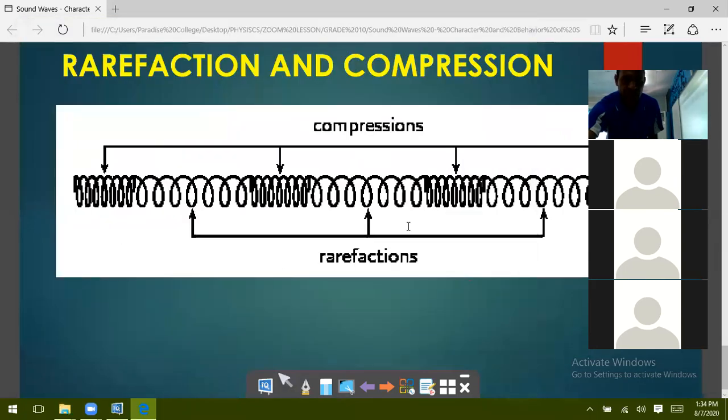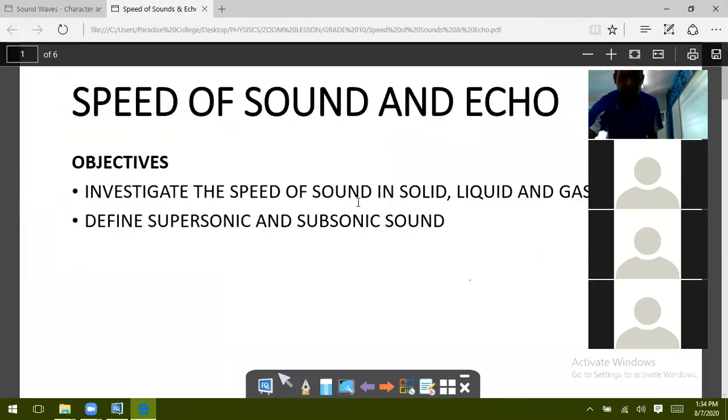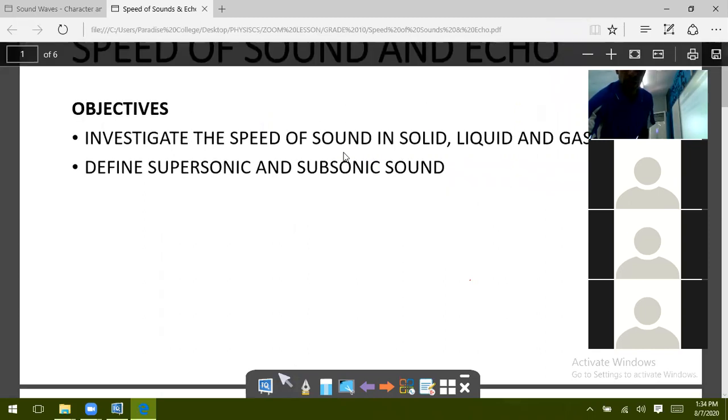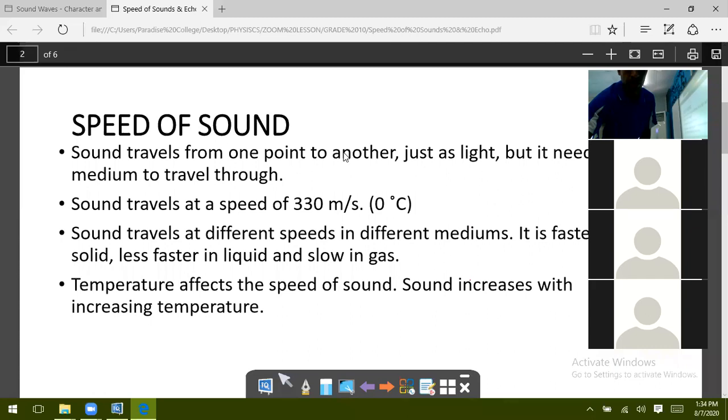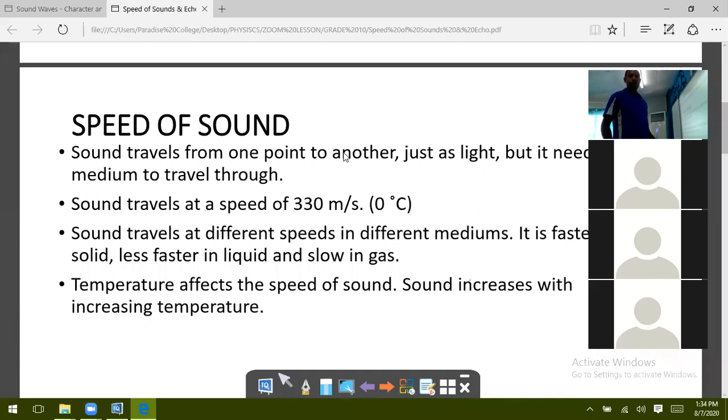All right. Now you've got the speed of sound and echo. Sound travels from one point to another. As sound travels in different media, be it solid, liquid, or gas, it travels with some velocity, some speed.